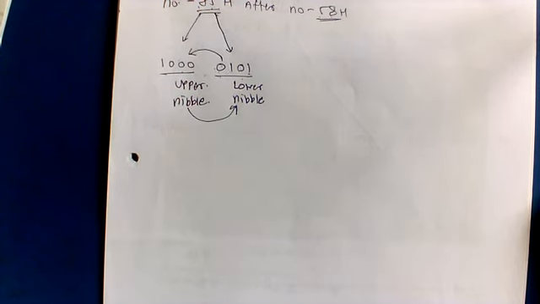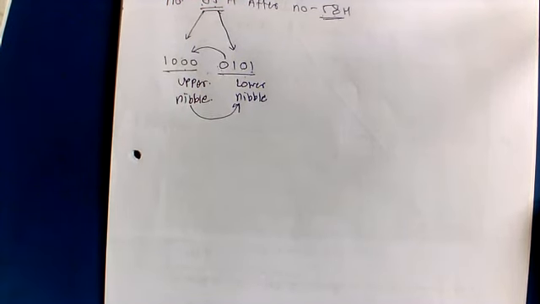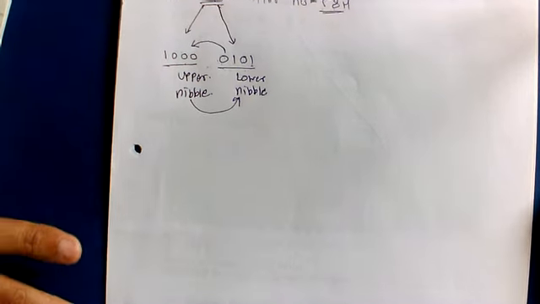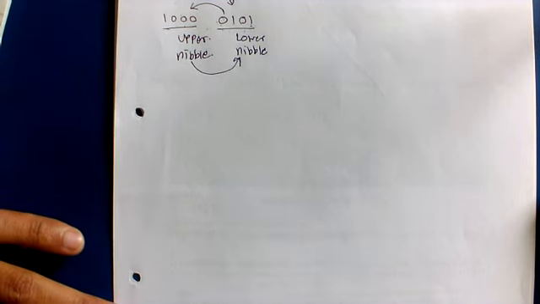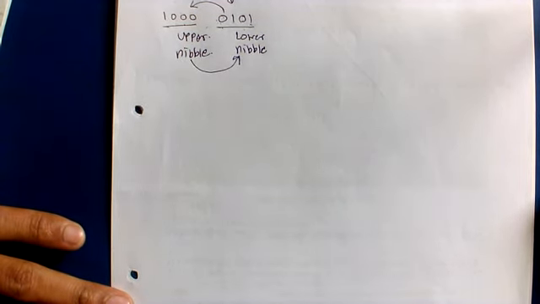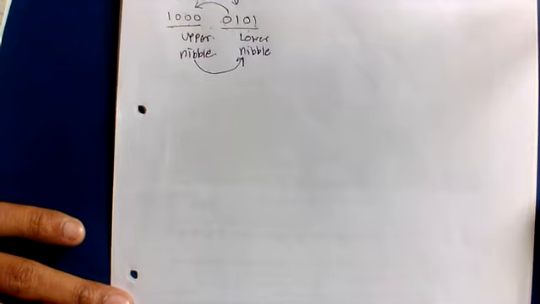Okay, so as I said, there are 2 ways to write the program: by using the rotate instruction 4 times and by using the looping concept. Okay, so first we will see by using the rotate instruction 4 times.